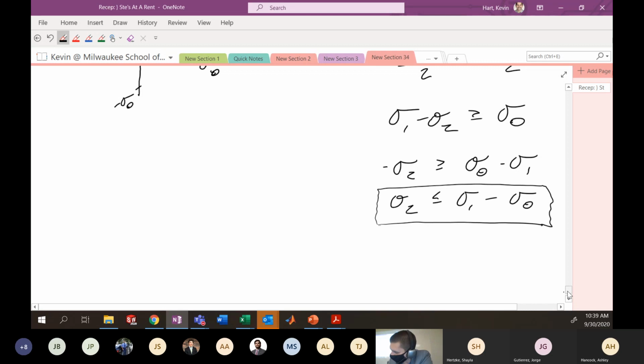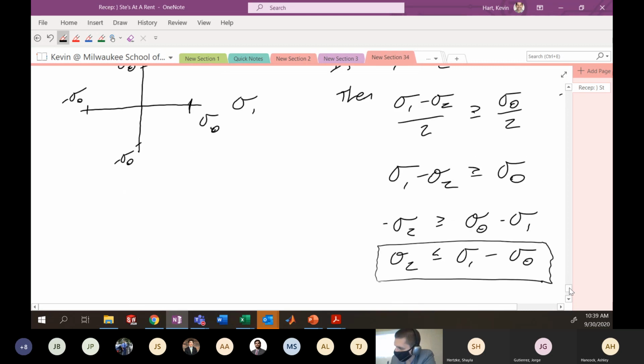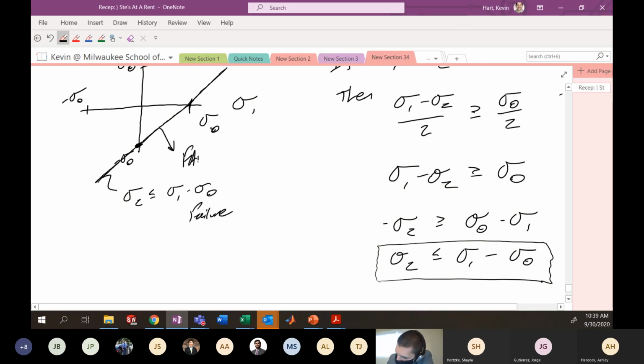So this line is simply this line here. My intercept is negative sigma 0, and it has a slope equal to 1, sloping upwards. So this is a line that would define one edge of the failure. Failure would be down here.